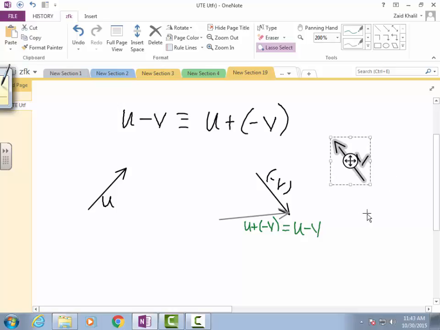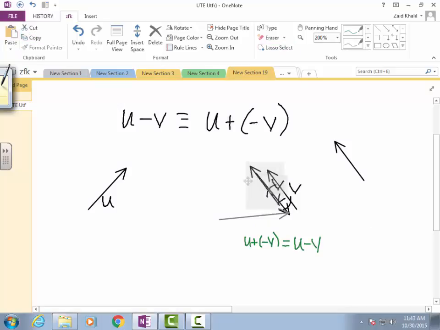And there's my V. And you say, well, what's this? In other words, a vector that connects the head of V and the head of U.